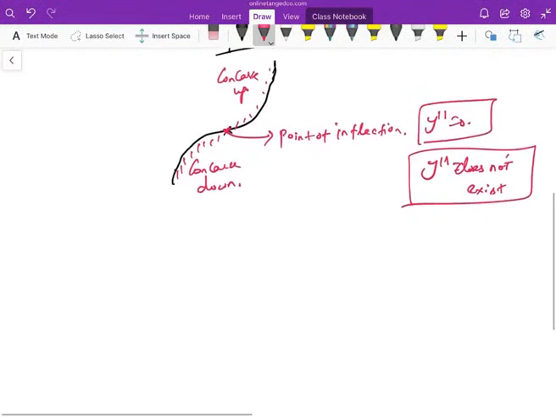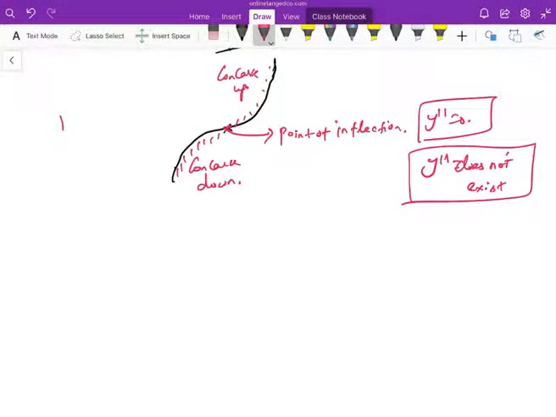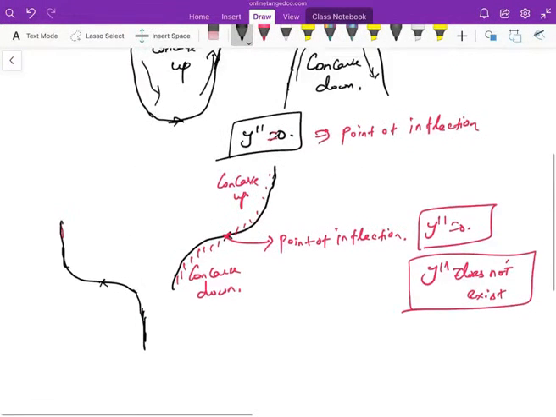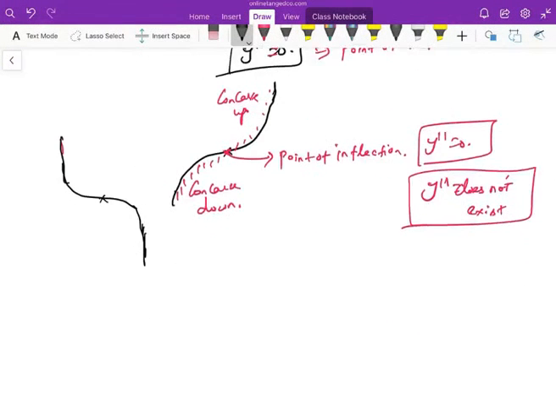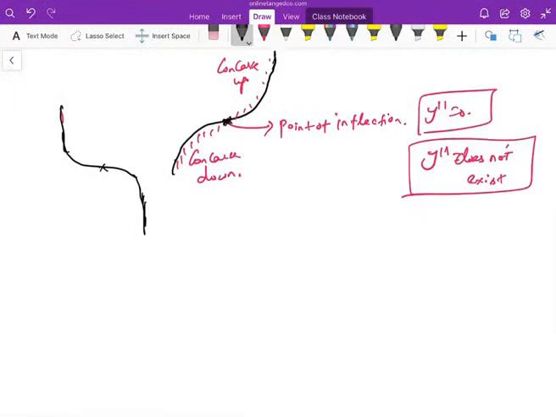For example, consider the same case here. Here y double dash is 0, as it changes sign. Let me draw the opposite way. Here you can see that y double dash does not exist, because y dash itself, the slope, will be infinity.